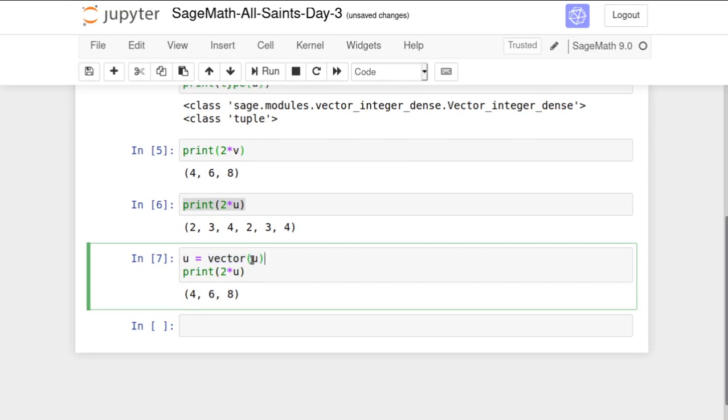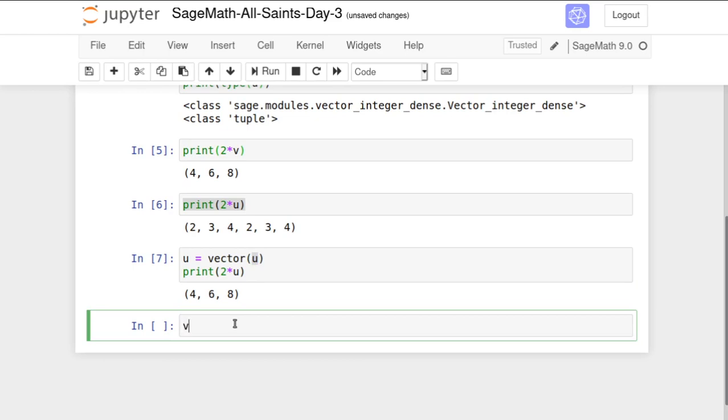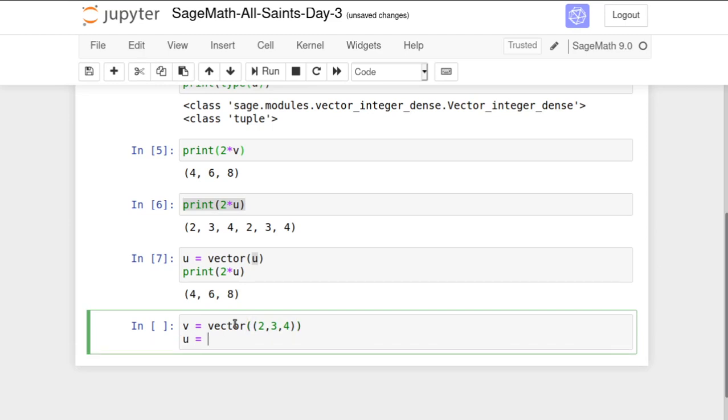Therefore, to define a vector, using the vector command is compulsory. Either you can define in ordinary bracket 2, 3, 4, or you can use in square bracket U is equal to vector. In ordinary parentheses also you can put the same thing 2, 3, 4.